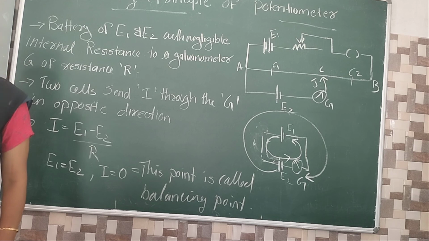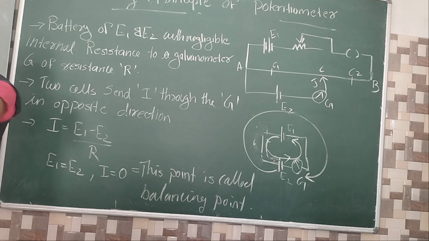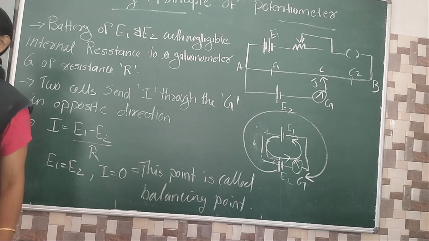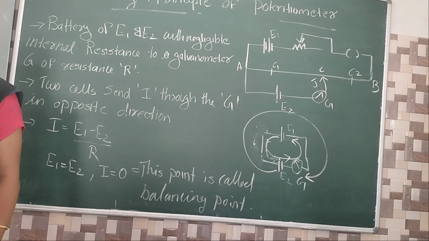That is our length L1. Then after changing the unknown resistor's resistance, move from B to A. At one of the points, galvanometer deflection is 0. That is your length L2. And how do we find it? L1 plus L2 divided by 2. So that is the case of meter bridge.